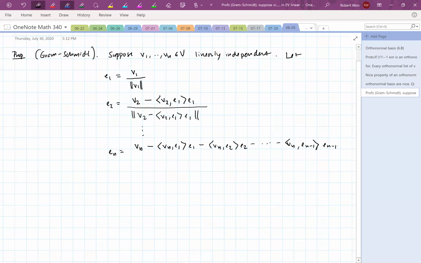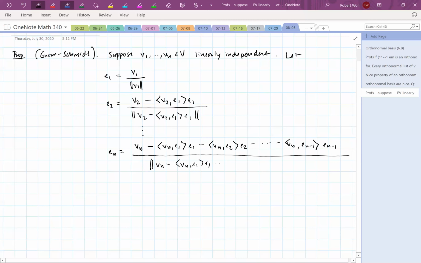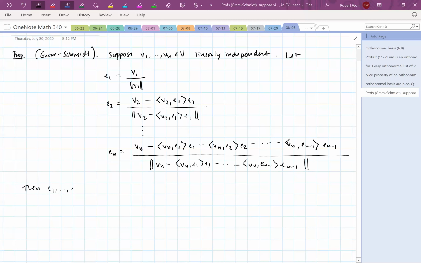You multiply that scalar by the previous vector, and then of course you still need to divide through by the norm. And that'll guarantee that it's actually a norm 1 vector. Okay, so then E1 up through En is an orthonormal list. And has the same span.